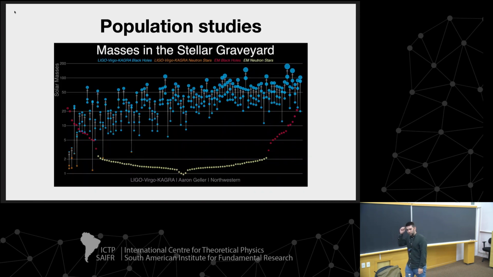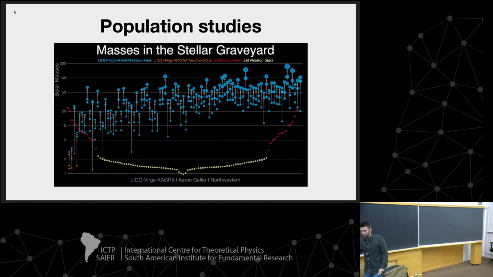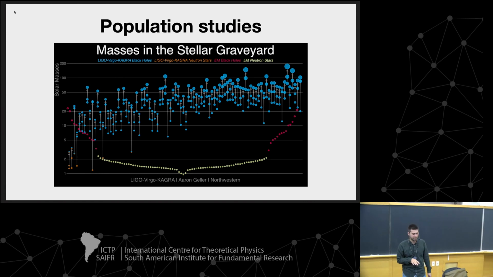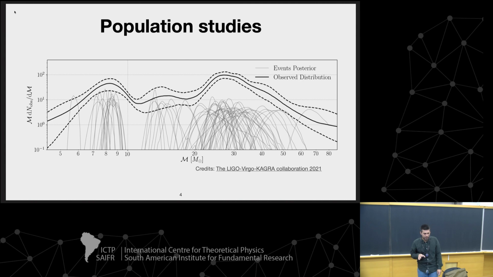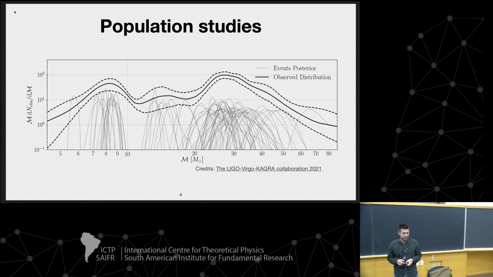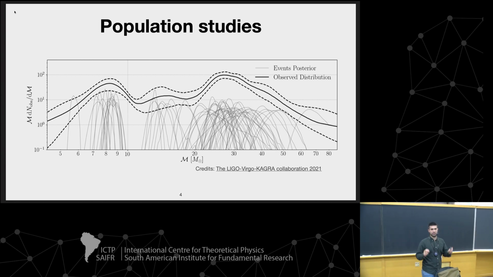Okay, so yesterday I showed you this plot. Again, we are doing population analysis. Another way to see exactly the same information is this one. So here what I'm plotting is the chirp mass, which is a combination of the primary mass and the secondary mass of each single source. All the gray lines that you see are the posterior probability distribution of each single source. The black line that you see instead is the observed distribution.